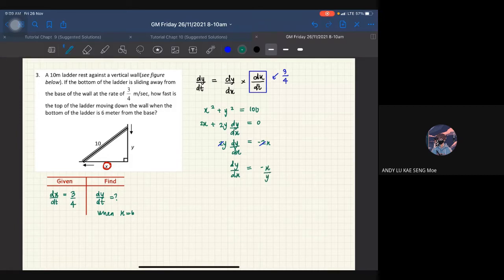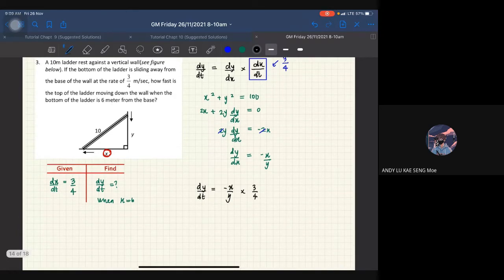So nilai y macam mana nak cari? Kita guna balik formula this one. Okay, so kita tulis kat tepi lah belah kiri. When x is equal to 6, so you will get 6 square plus y square is equal to 100.